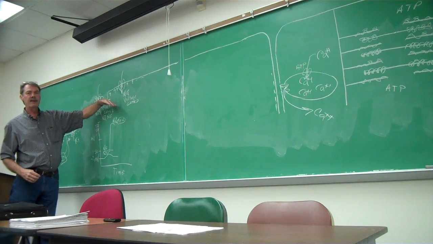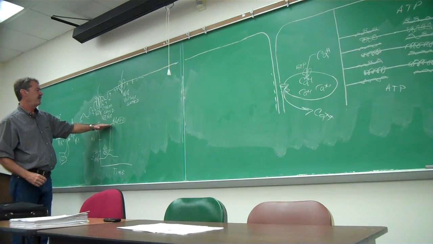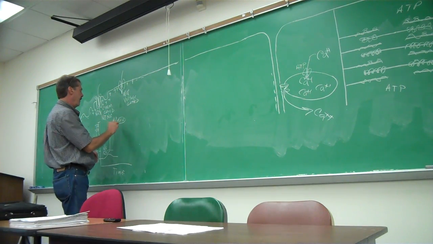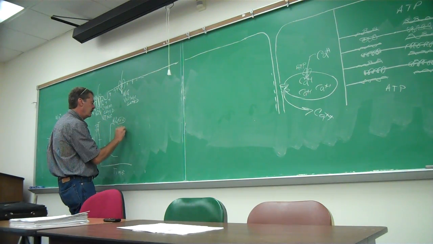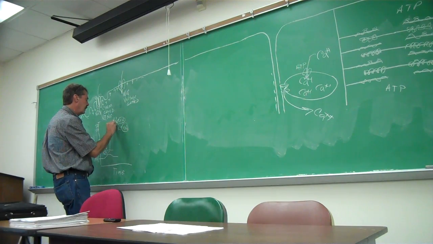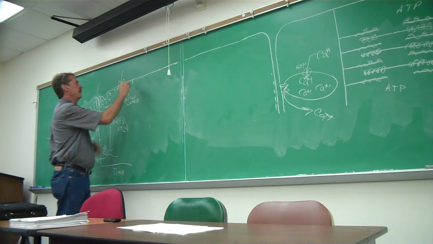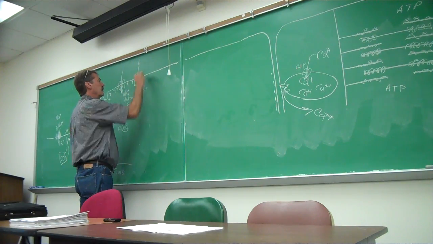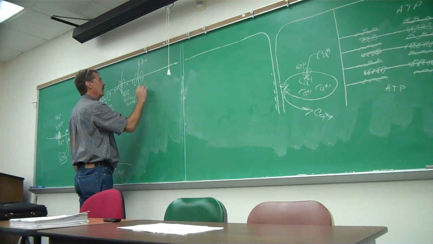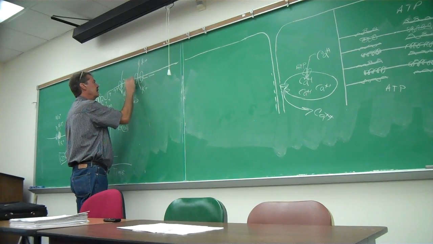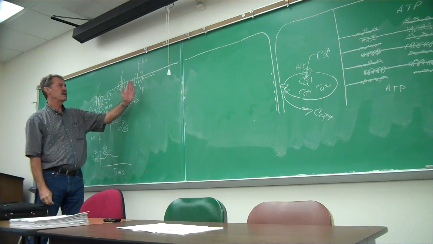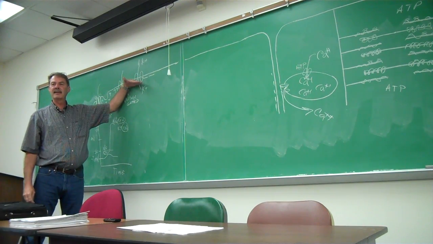So this can't last forever. When the voltage hits about 50, they turn off, and what happens is a potassium channel turns on. As the potassium rushes out, we're going to go back to being negative, because the potassium is going to take positive charge with it, leaving behind negative charge.